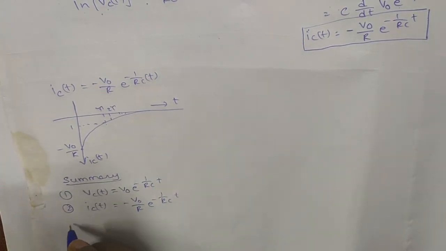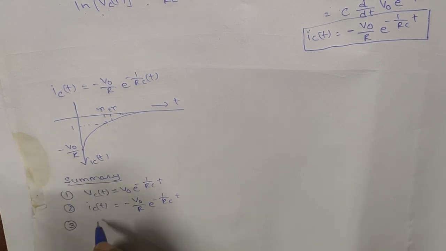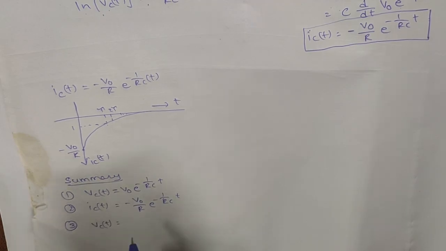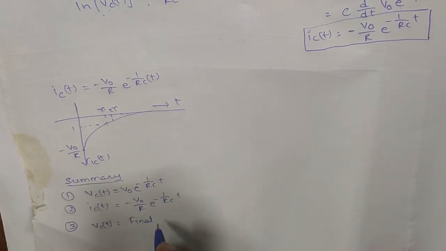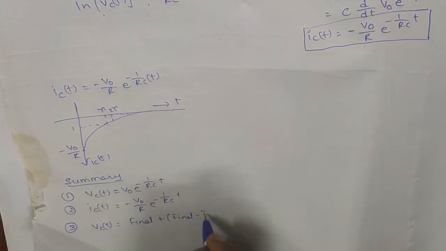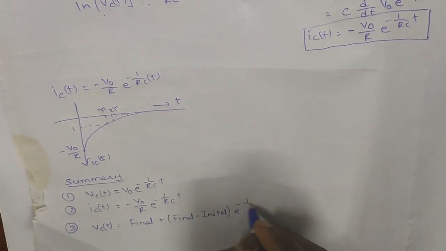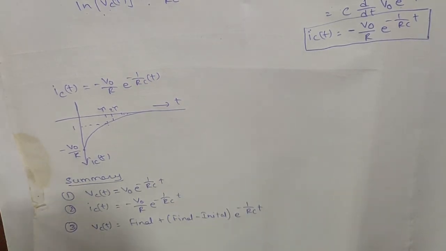And another formula, summarizing the formulas, we can generally write Vc of t will be final plus (initial minus final) into e power minus 1 by RC into t. This is the standard formula.